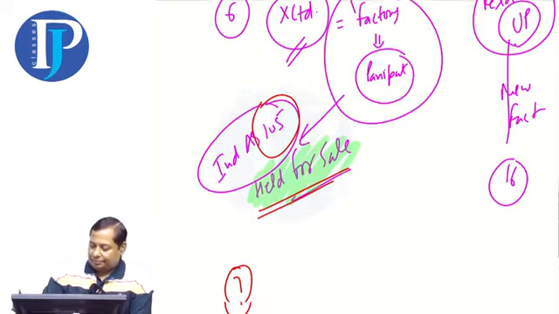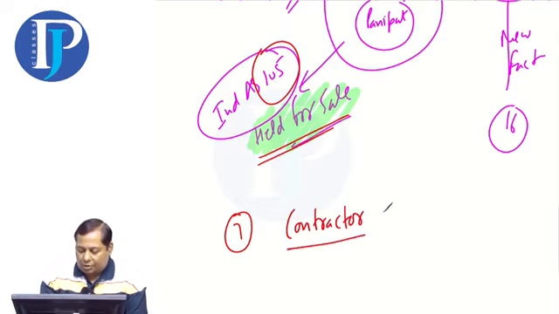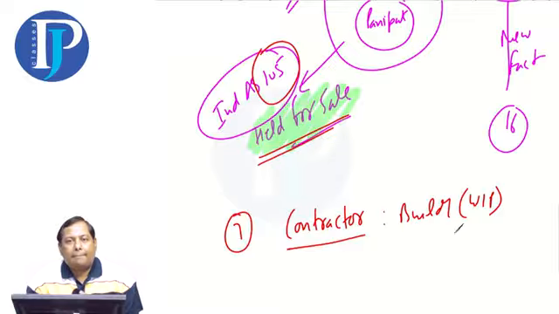I will teach you this in module 1. 7th example. If a contractor is there, and one of the contractor's buildings is WIP, the contractor has a building which is currently under construction. What's the difference between a contractor and DLF?